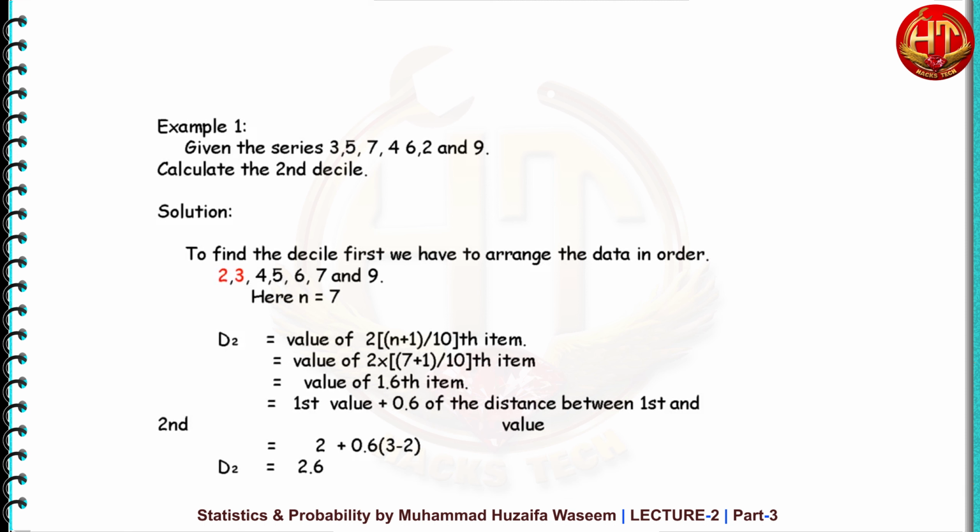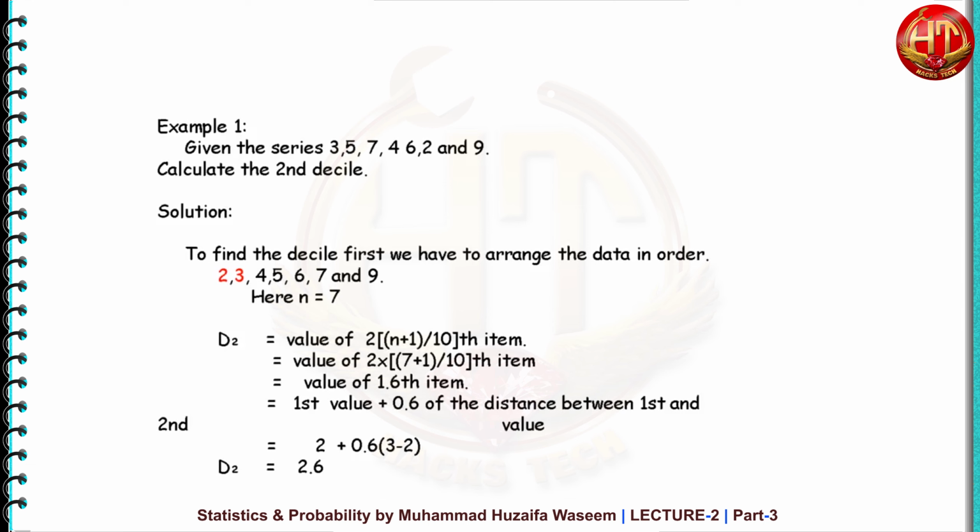So put n is equal to 7 in the given formula. Then to calculate the second decile, put i is equal to 2. Then 2 multiplied by (7 + 1), which is 8, divided by 10. So your answer is the 1.6 value in the given series.